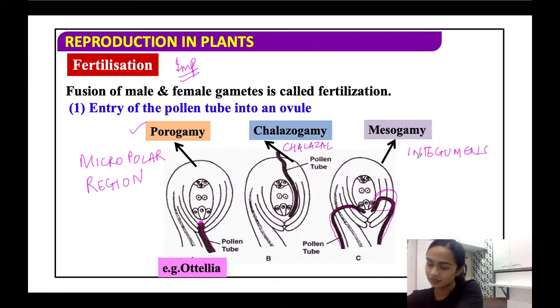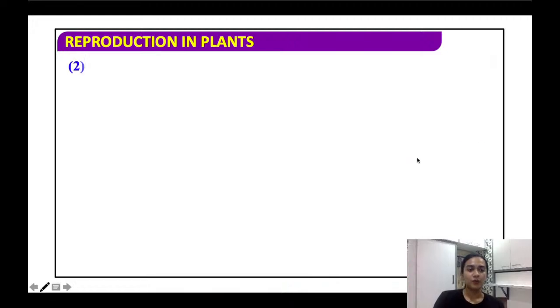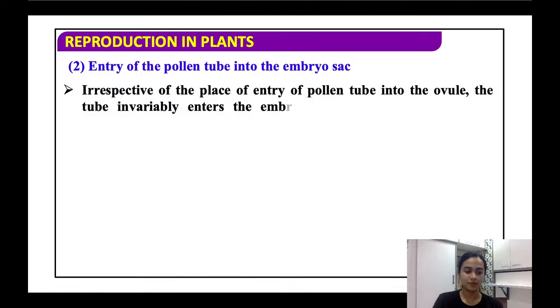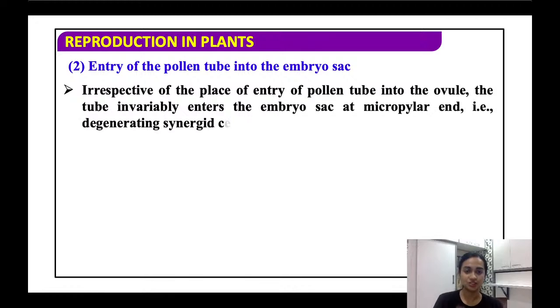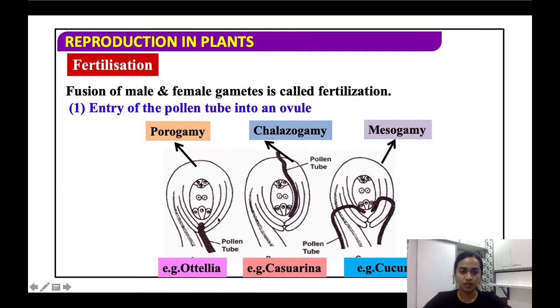All right. So the example for porogamy is Ottelia, then comes Casuarina and Cucurbita or coconut. Moving forward. Entry of the pollen tube into the embryo sac. Irrespective of any fashion, be it porogamy, chalazogamy or mesogamy, it has to enter the embryo sac at the micropylar end.